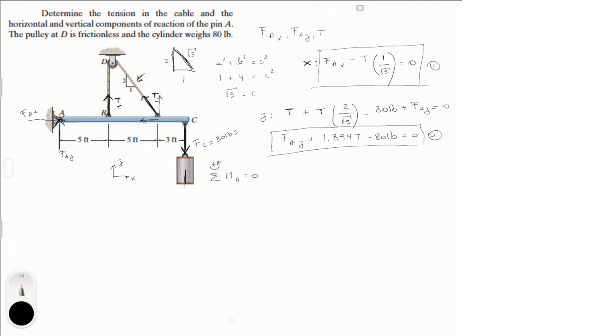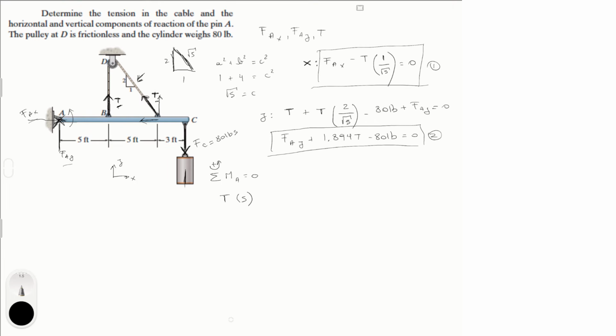Because we have F of A in x and F of A in y, which means we have two variables that we can knock out if we do the moments about A. So moments about A is equal to the moment created by the first T, which is T times the distance from A to B, which is 5, and it's positive because it's going counterclockwise.